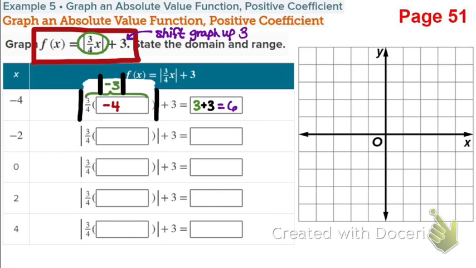So I need my ordered pair that I'm going to plot here. What was the x that we substituted in? Negative 4. And what was the output, the y that we got back? 6. I need to plot that point.